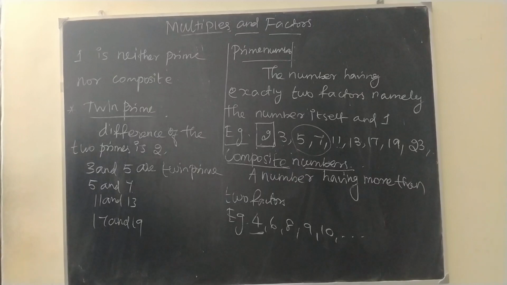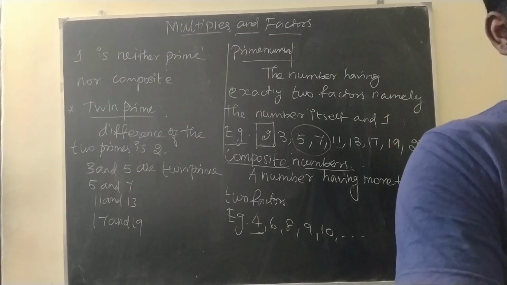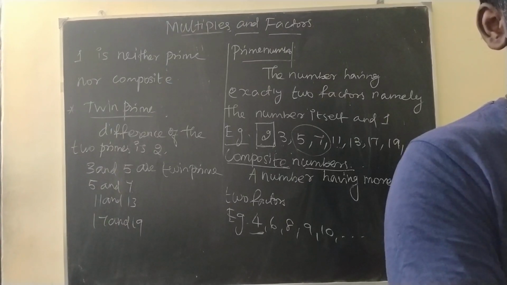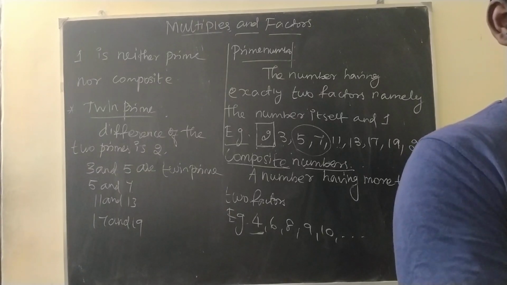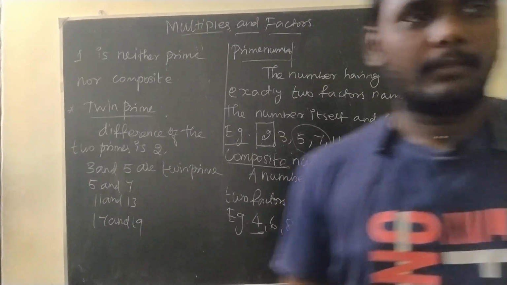Definition. Come on, make it fast. 29 and 31. Perfect, man. Super.